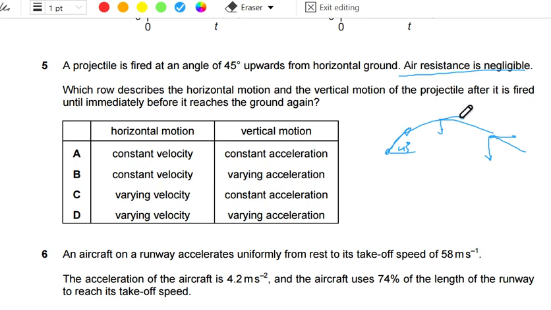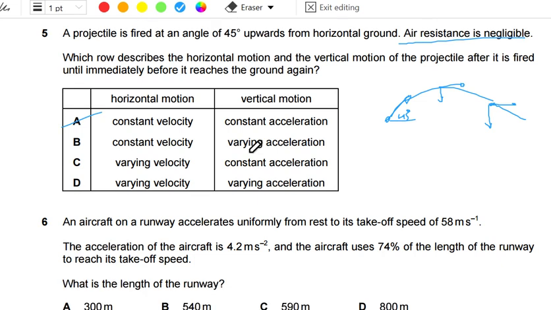As we have a constant horizontal velocity because of no force, I'll choose either A or B. And for vertical motion, we have constant acceleration, again with air resistance negligible. So the answer is A.